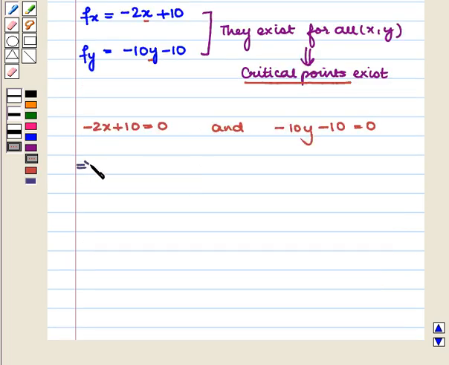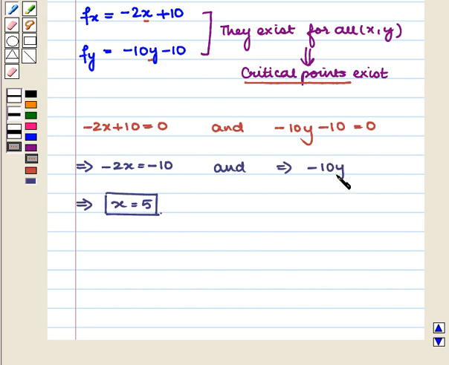This implies minus 2x is equal to minus 10, which implies x is equal to 5, and minus 10y is equal to 10, which implies y is equal to minus 1.